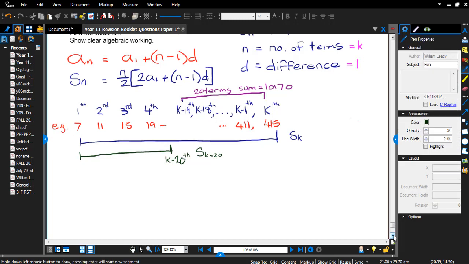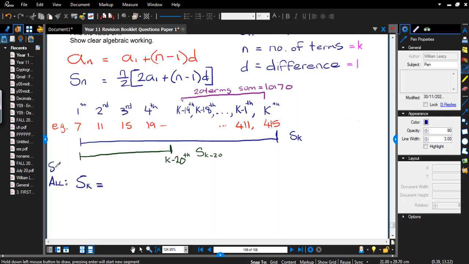So let's get the sum of all from the first term to the last term. So it's going to be sk. sk equals, so this is going to be the sum of all terms.